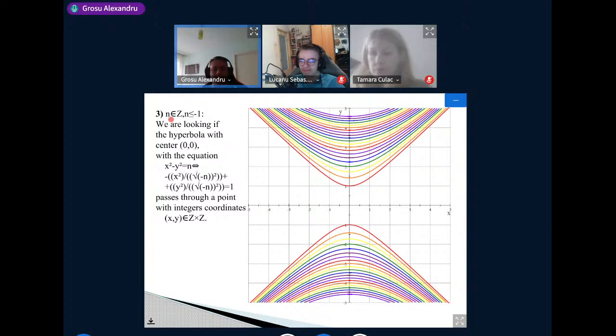minus 2 square minus minus 1 square, and 2 square minus 1 minus 1 square, and so on. And in the third case, we have an integer that is smaller than or equal to minus 1. And we have the same method and similar graphics with hyperbolas here.